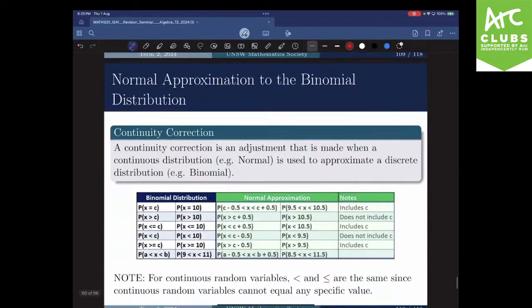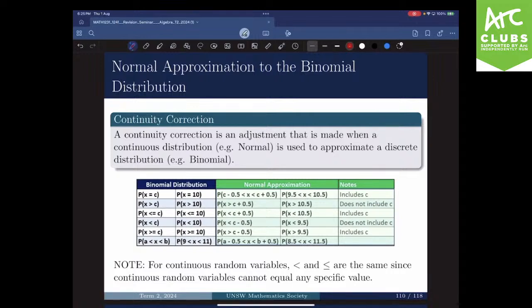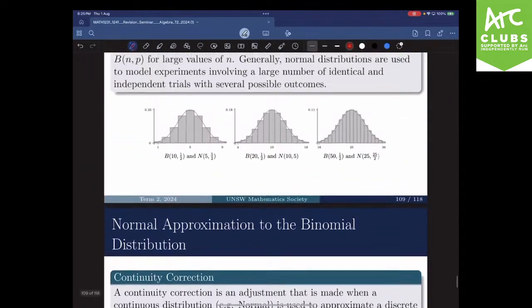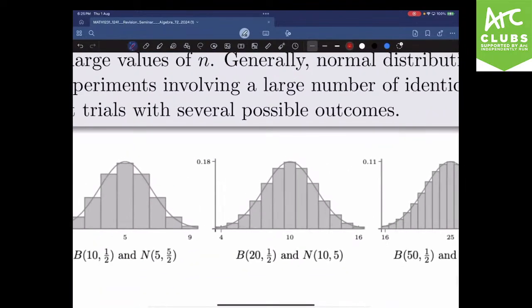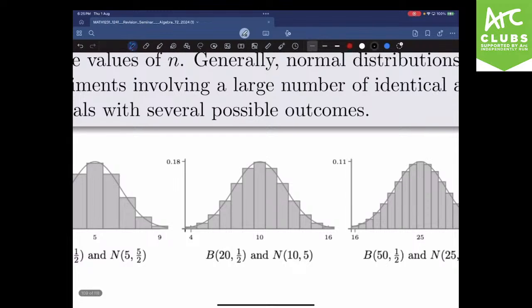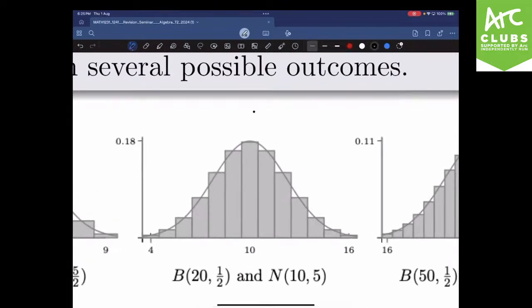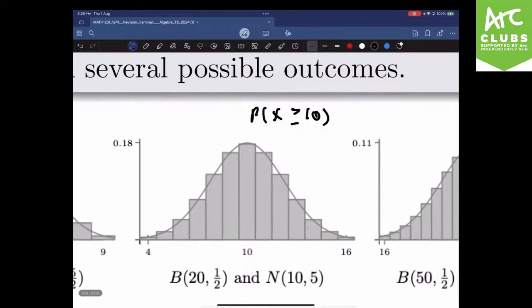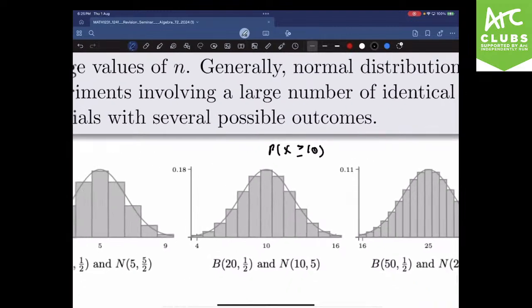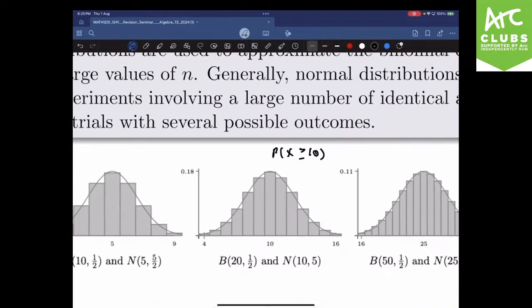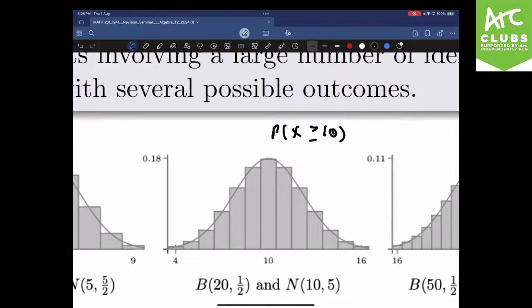The problem is this thing, continuity correction. This pretty much sums up the issue. In a continuous distribution, you'll see on this curve, there's a smooth line drawn over the graph. For example, at this point 10, if I wanted to find the probability of x being larger than or equal to 10, and I did all my due diligence, standardized it so that it's normally distributed, and found the correct z-scores, the issue is that the value 10 is exactly here on this graph.